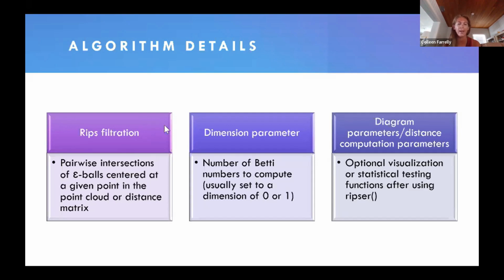So we might be collecting surveys from different populations, or we might be looking at different images that were taken from a different type of object. And we can summarize all of this. And one of the cool things is once we have this in a diagram, we can actually perform math on the diagram to do these comparisons or to wrangle it into something that we can integrate with other data sources.